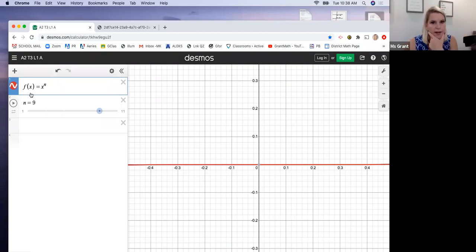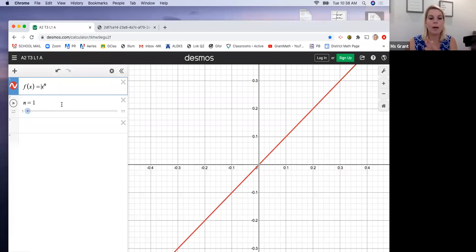Right now, let's bring this back to 1. Straight line, linear. And x to the n. This means that my n is the exponent, and then this second line right here tells me that as I move this blue dot, things will change.